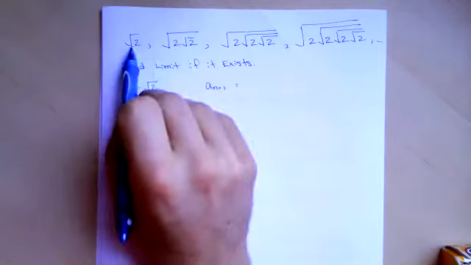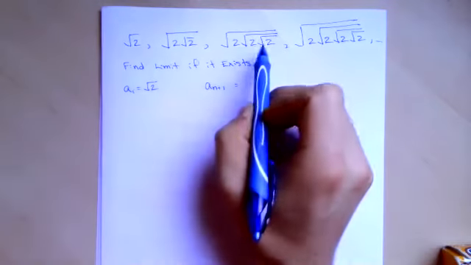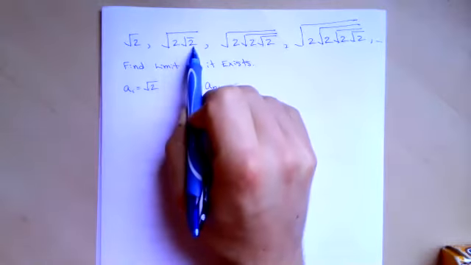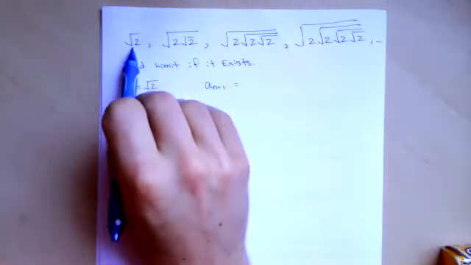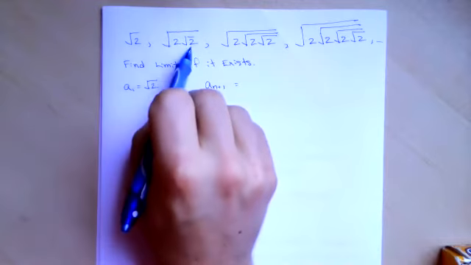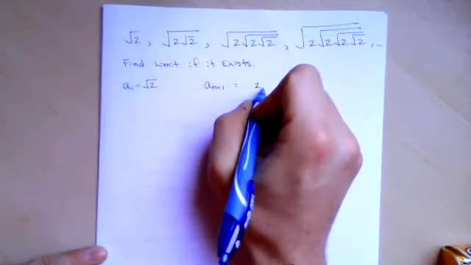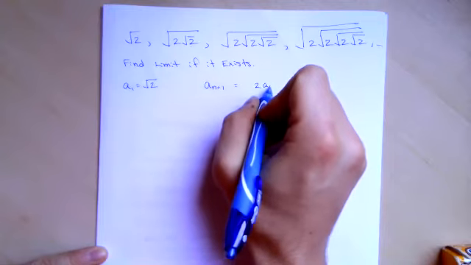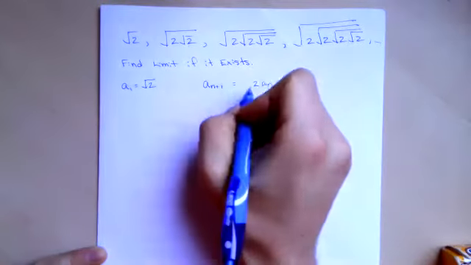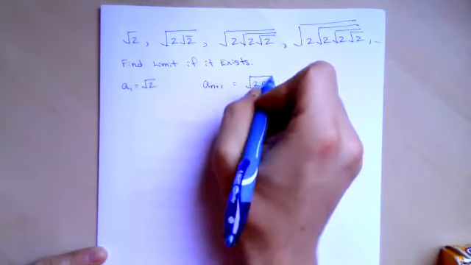You want to think of that square root of 2 as living on the most inside for the next one. So if I consider this as my first term, how do I get the next term? I would take this first term, multiply it by 2, and then take a square root of that.